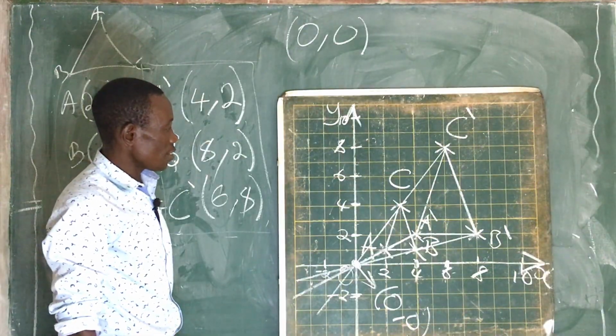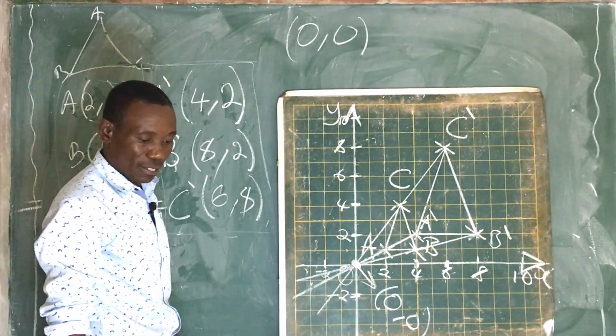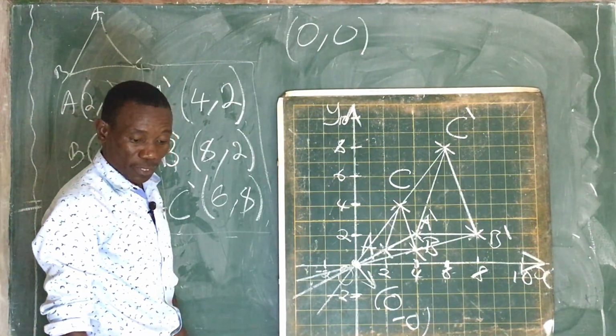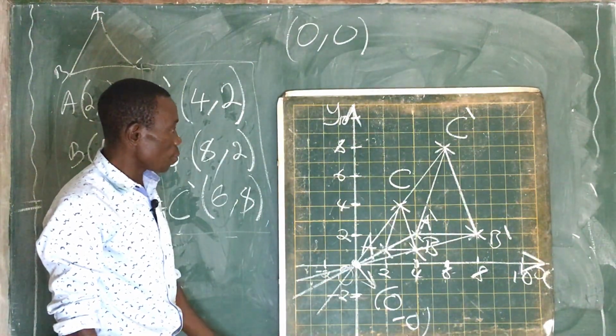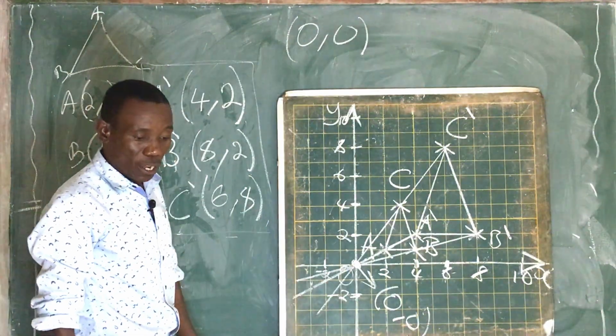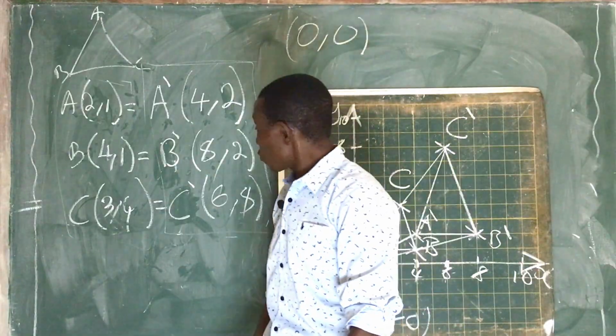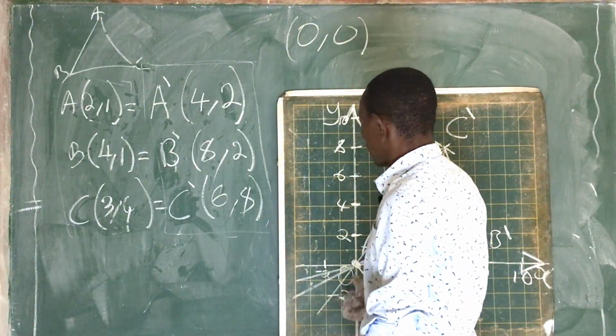Right, so this is what I wanted us to at least understand. Besides enlarging an object directly on plain paper, let us also realize that you can also enlarge an object on the Cartesian plane.